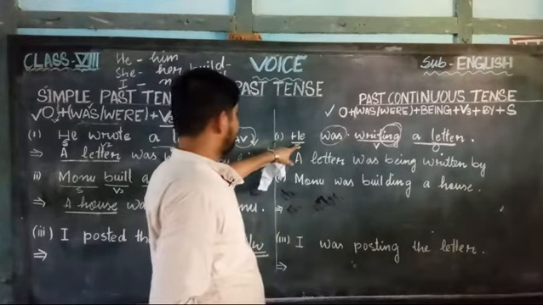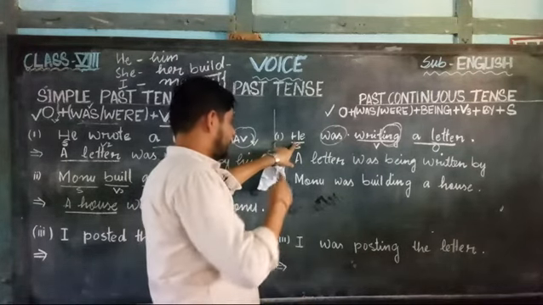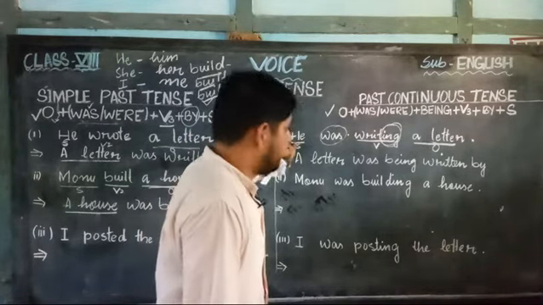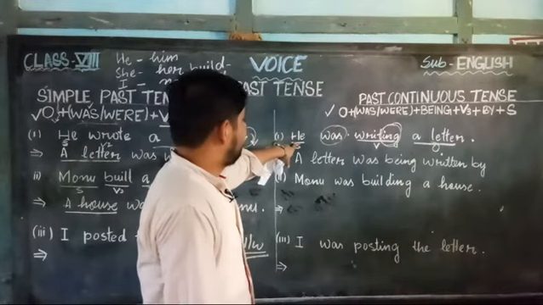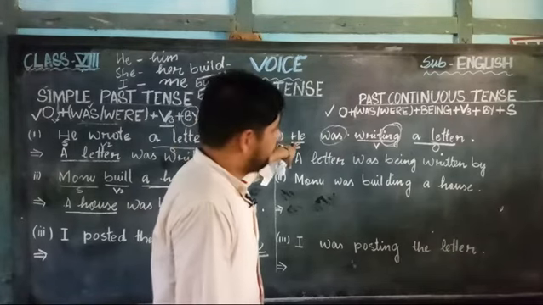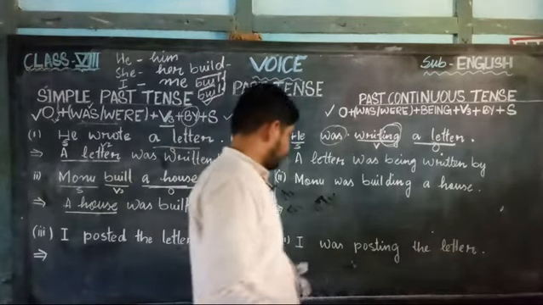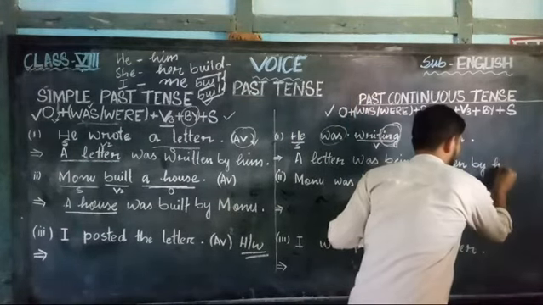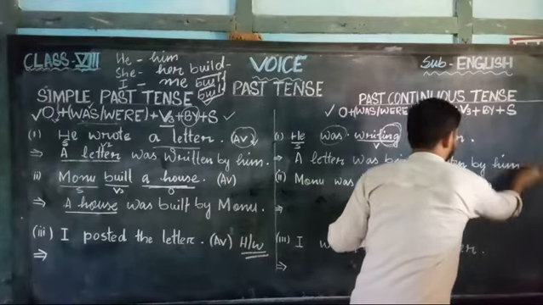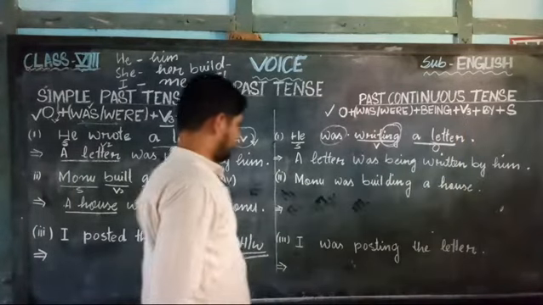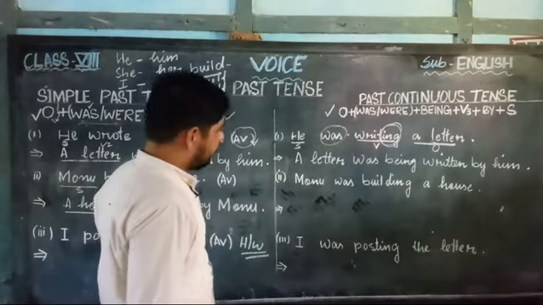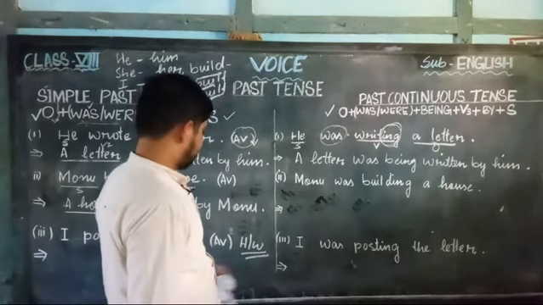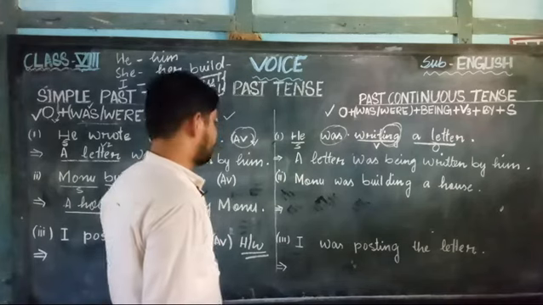I told you that if he is there in the active voice, then in passive it will change to him. Clear? The second one I will also do for you. Then the third one will be your homework. You do it at home.